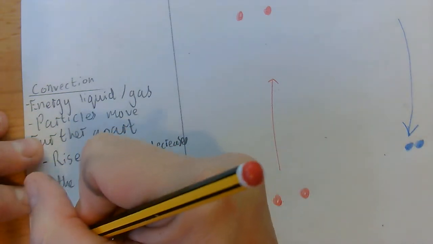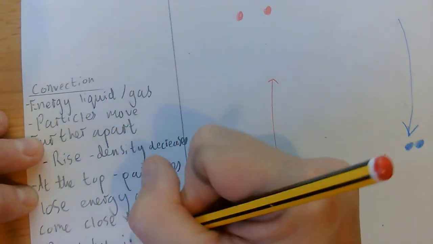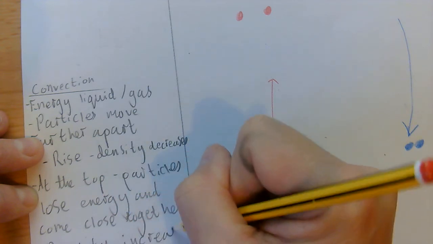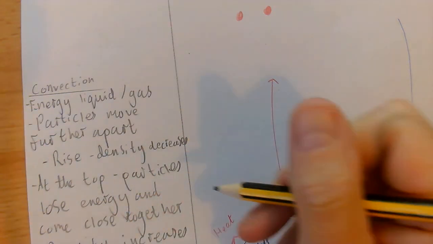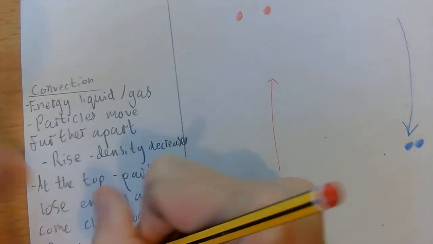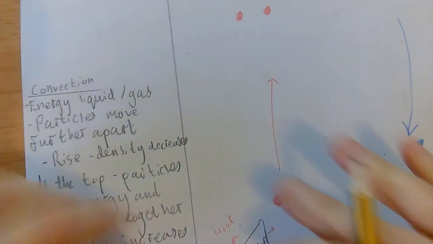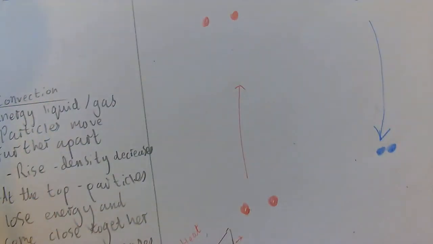So therefore the density will increase. Density increases, so particles fall. So you've got this convection current taking place.